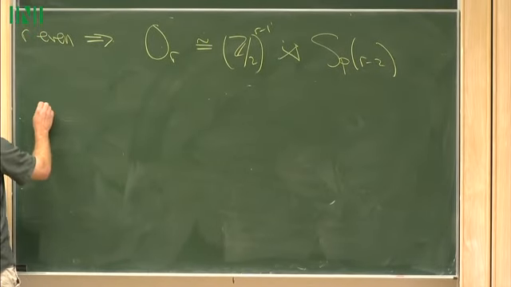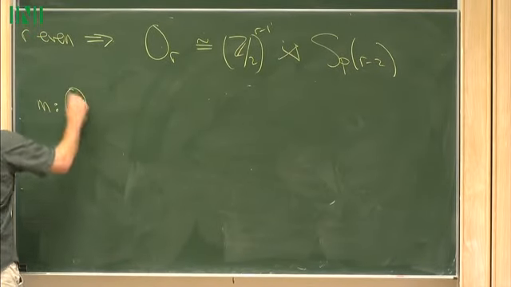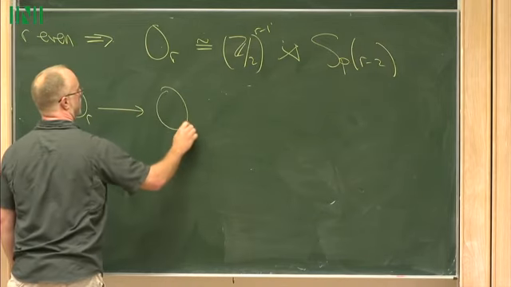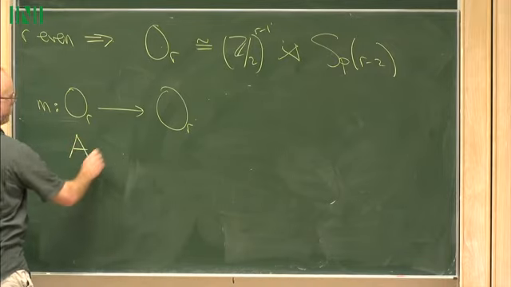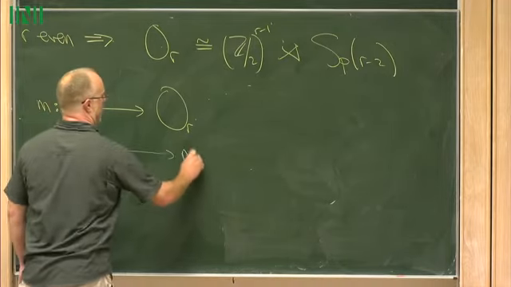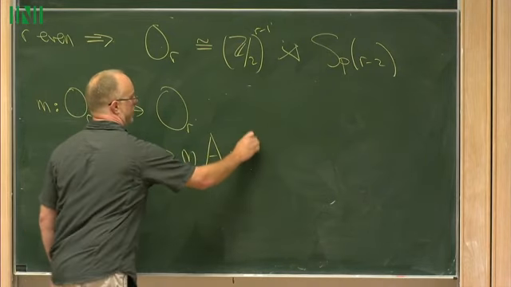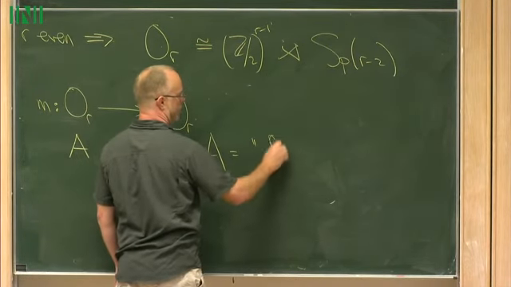Okay, here ends up being the key. Here's a weird function from the orthogonal group to itself, what I call the mirror function. You take the orthogonal matrix, and its mirror is what you get by flipping all zeros and ones.